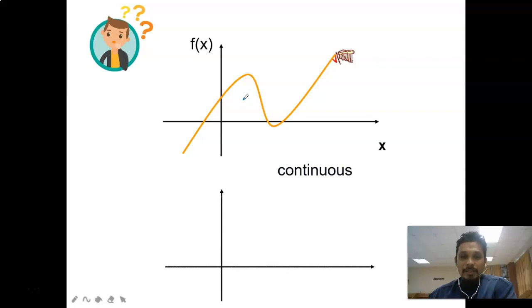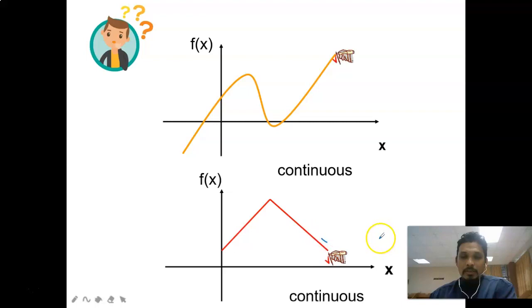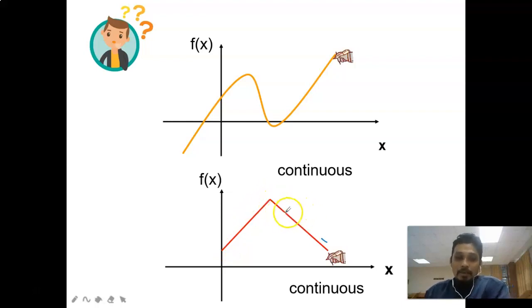It's continuous. And what about this one here? I start the line from here and continue until the end. It's continuous because we can sketch the line without any hole on the line.